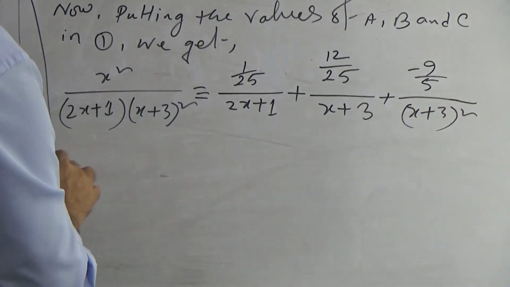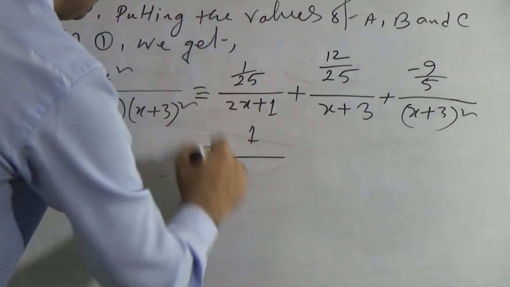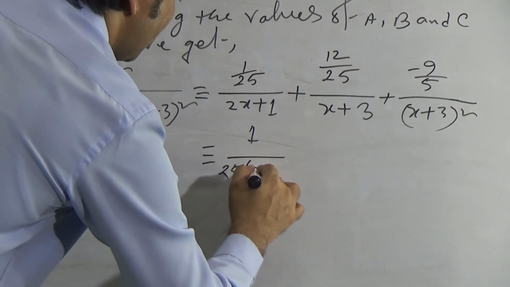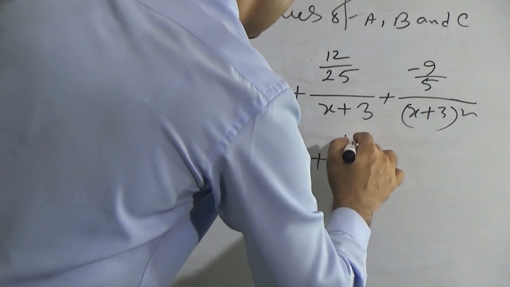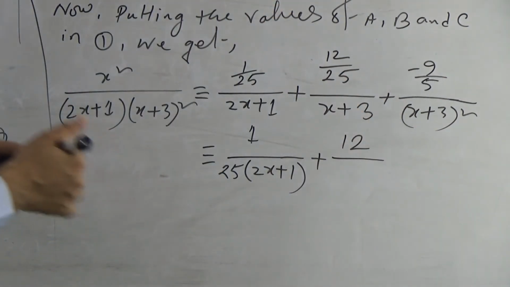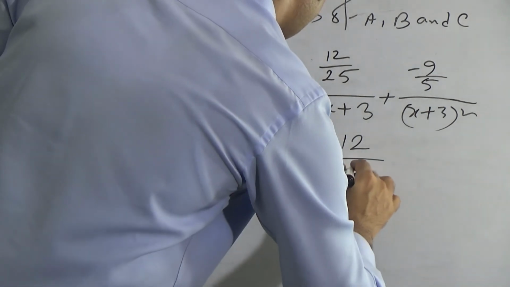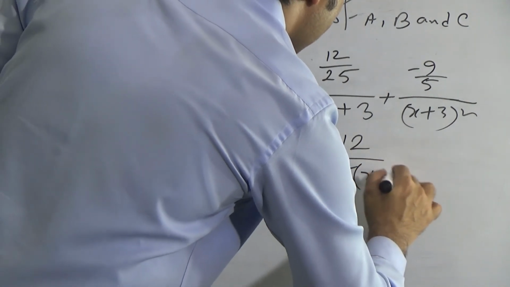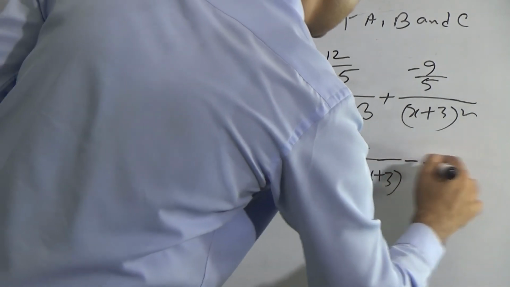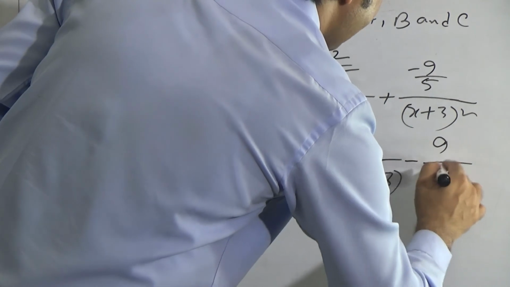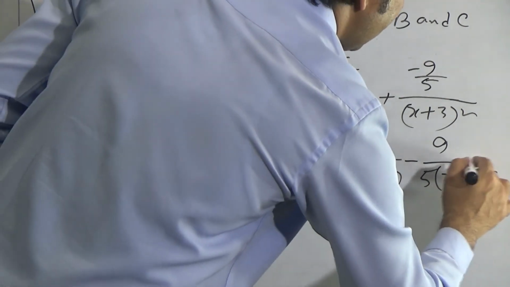So we can write that this is equal to 1 by 25 into 2x plus 1, plus 12 by 25 into x plus 3, plus and minus is minus, 9 by 5 into x plus 3 whole square.